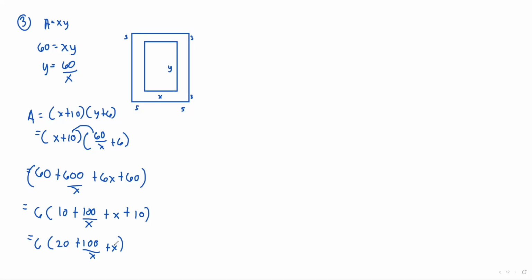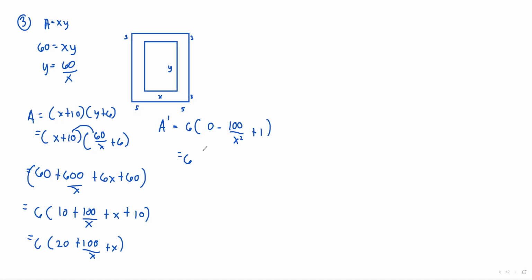Next natin gagawin is i-derive na natin siya. Okay? So A prime is equals to 6, 0, minus 100 over X squared plus 1.